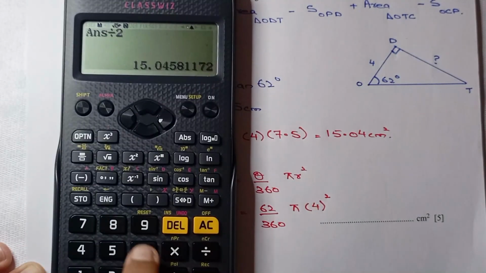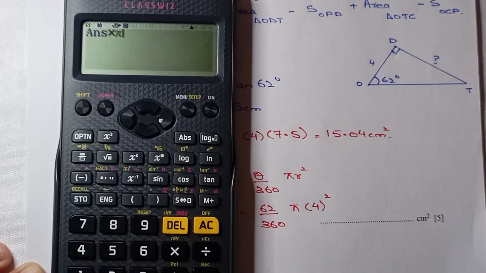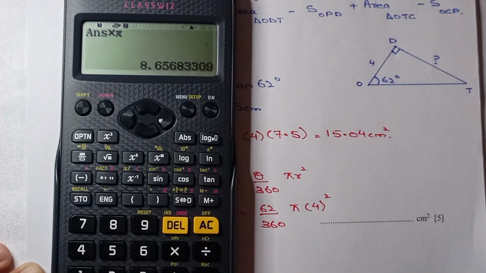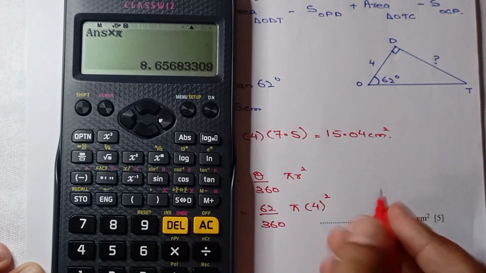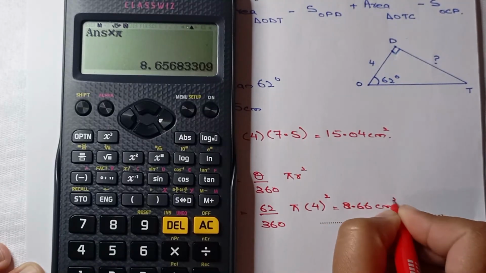So we can do 62 divided by 360 times 16 and times with pi, and we have 8.656, or we can say that 8.66 centimeter square.